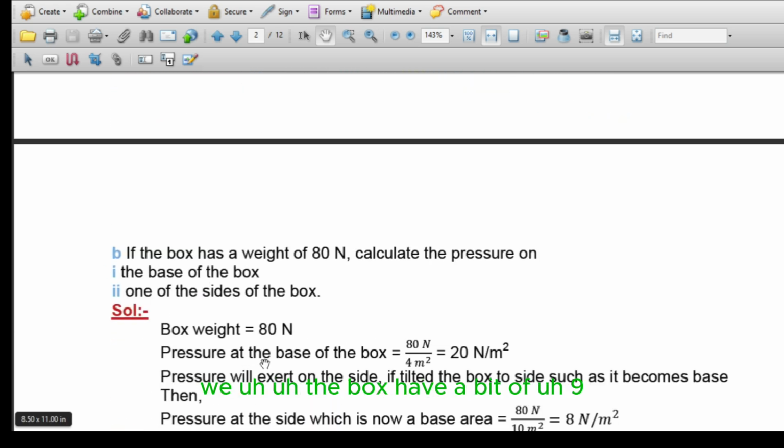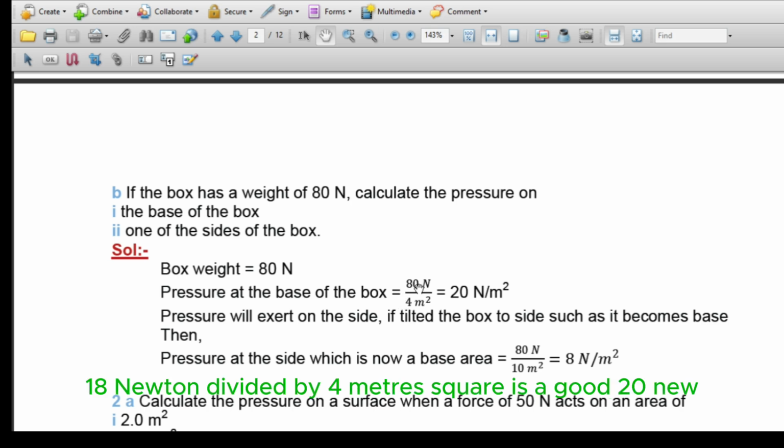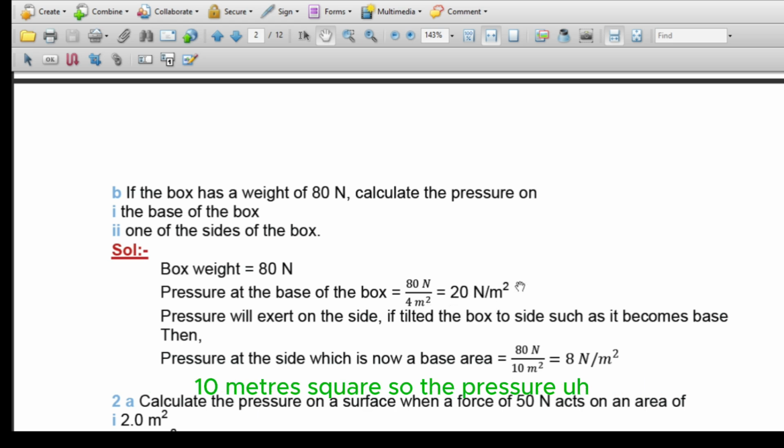Problem 1 continues: if the box has a weight of 80 Newton, calculate the pressure on the base of the box. The base area is 4 meter square, so 80 Newton divided by 4 meter square is equal to 20 Newton per meter square. So the pressure at the base of the box is 20 Newton per meter square.